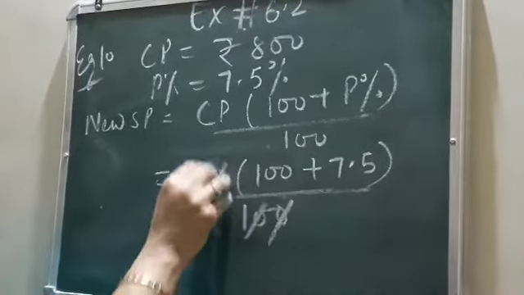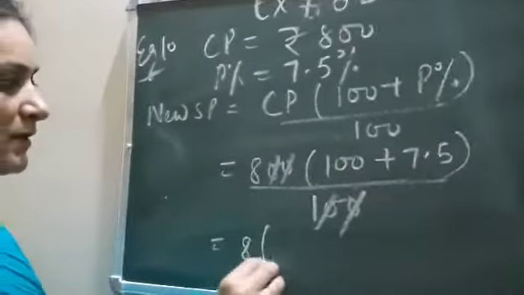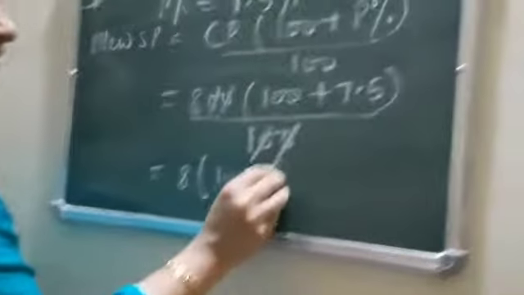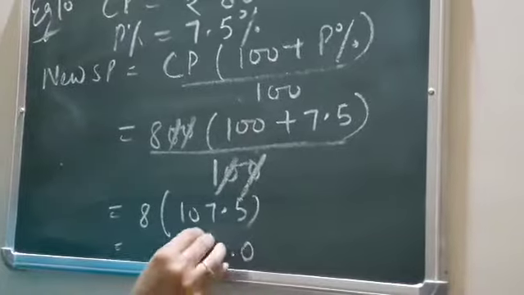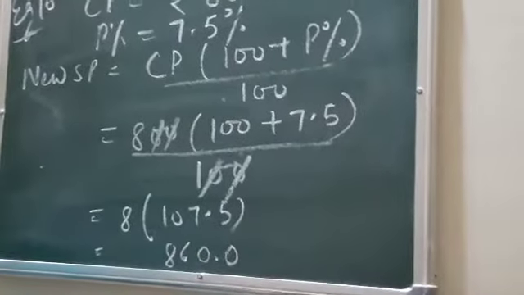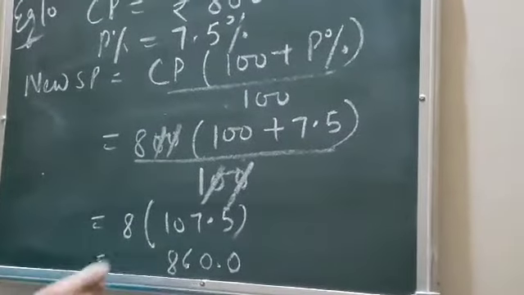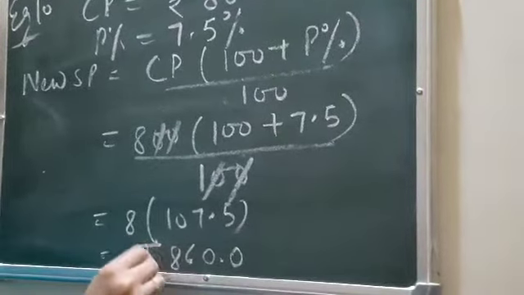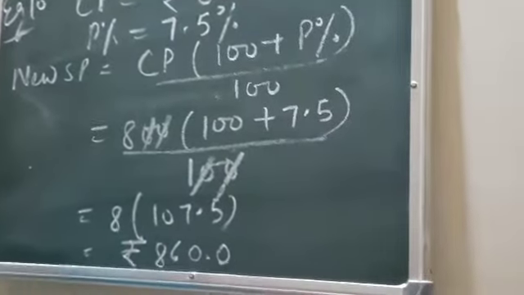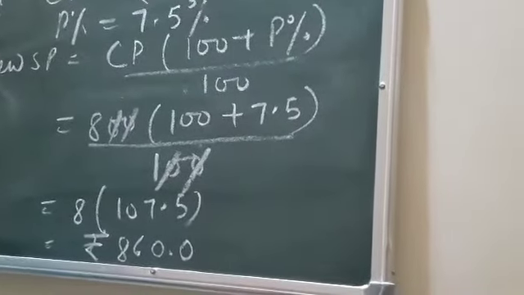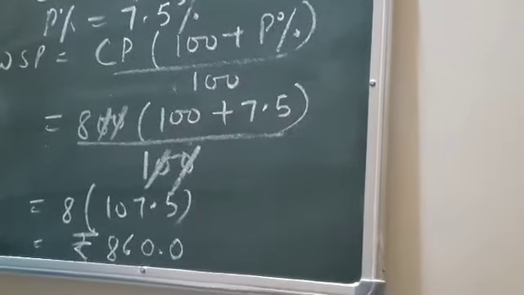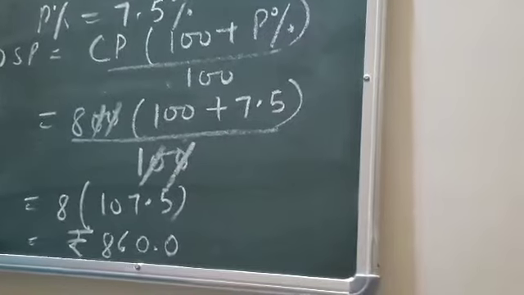Then you can cut these zeros. 8 and 107.5. Multiply it. 8 ones are 8. So it is rupees 860. That means if he sells it for rupees 860, he will get a profit of 7.5%.